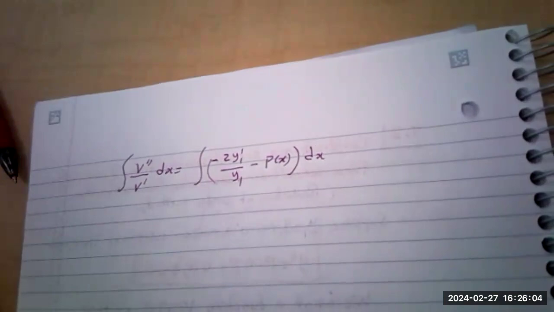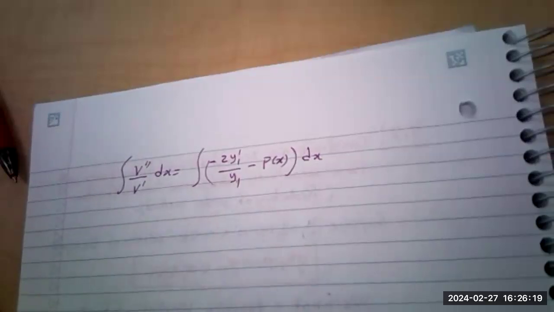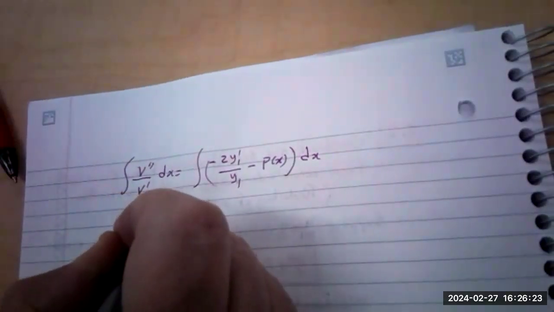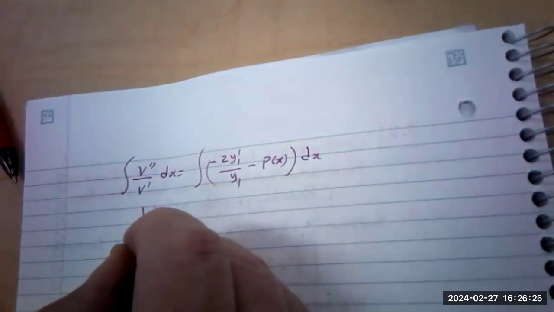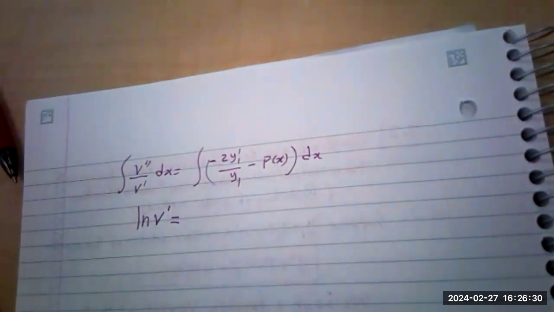Any suggestion for the left side? What's the integral of v double prime over v prime? ln of what? v prime, yes, because the derivative of v prime is on the top. It's v prime, u if you like. So this is going to be ln of the absolute value of v prime, equal to anything to the right.